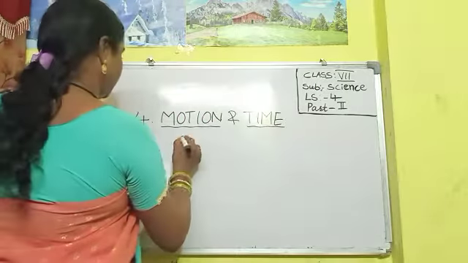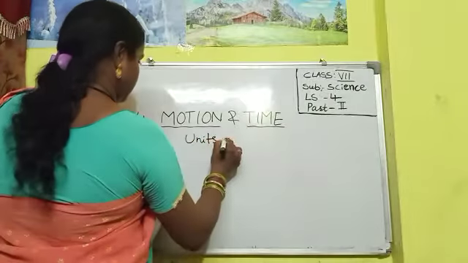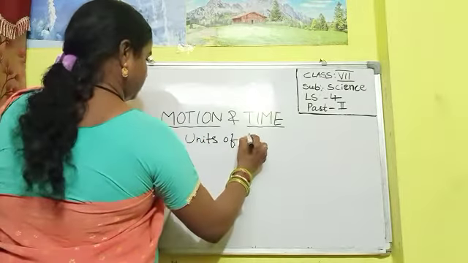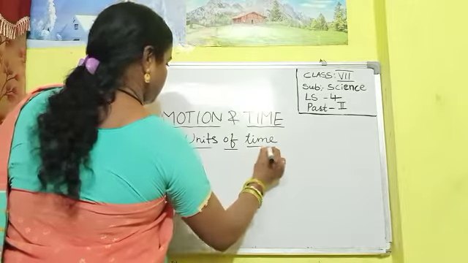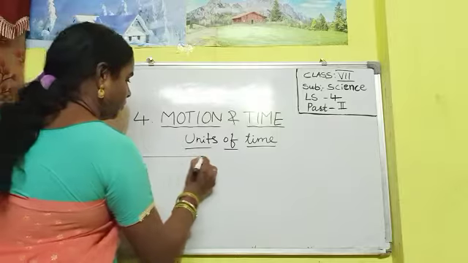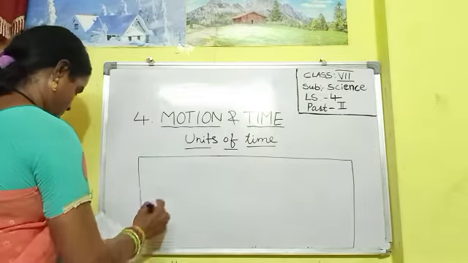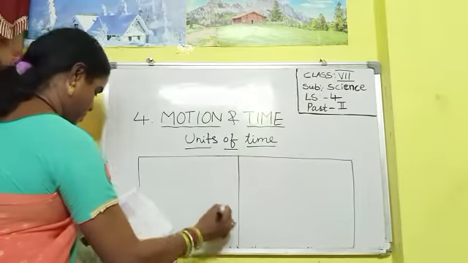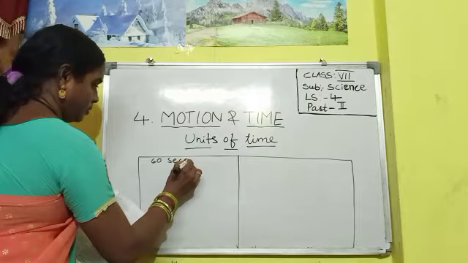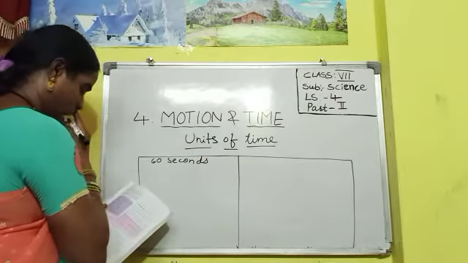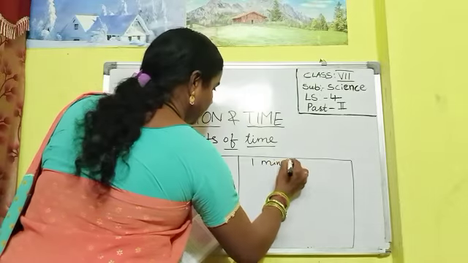Units of time, okay. 60 seconds. 1 minute. 60 seconds means 1 minute.